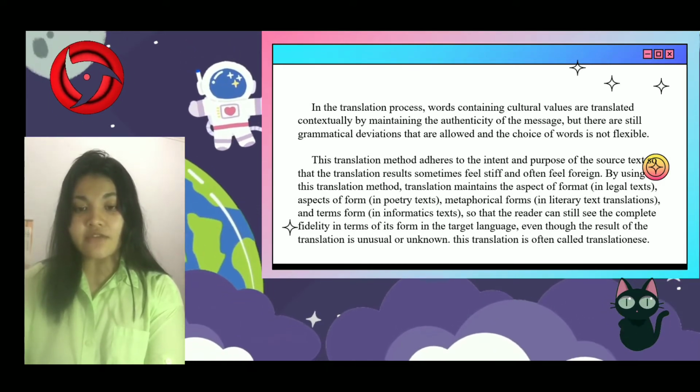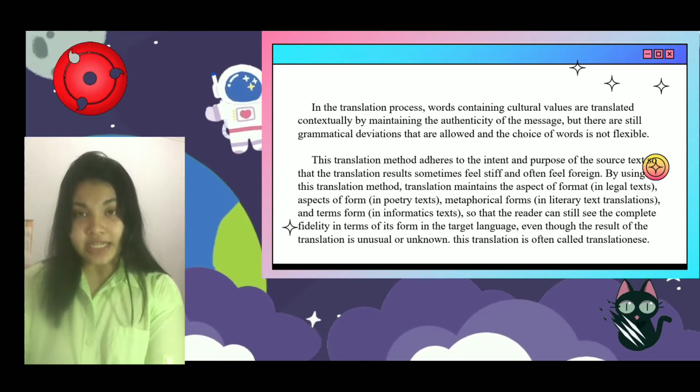This translation is often called translationese.